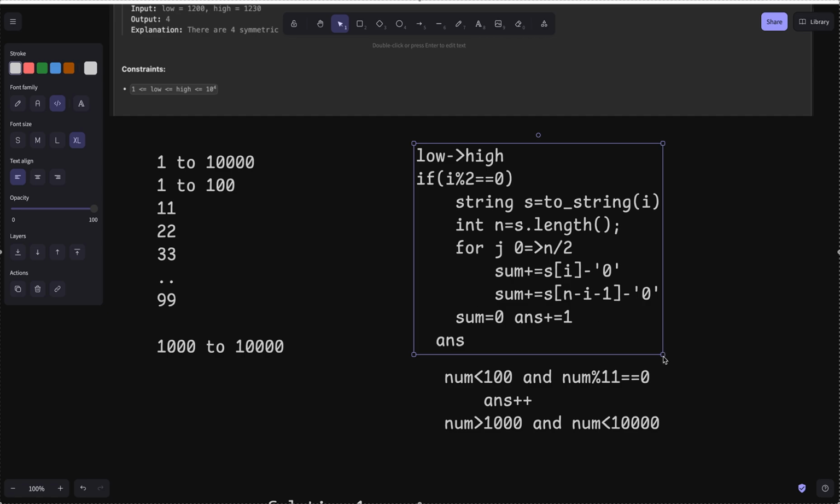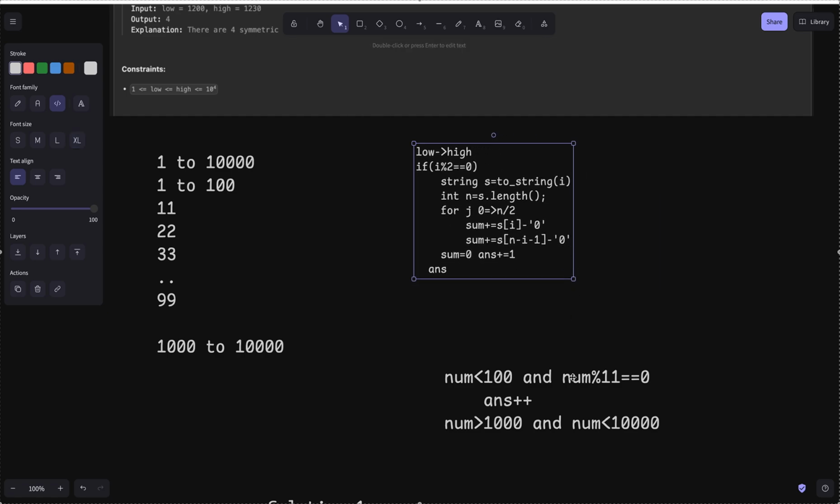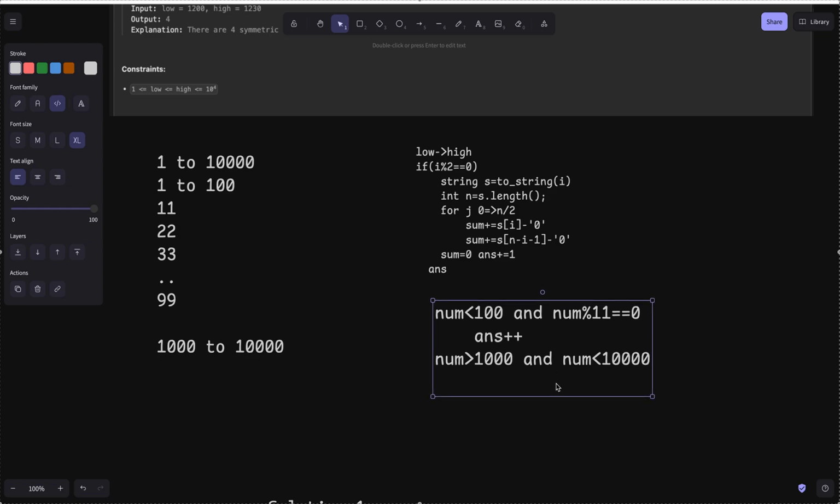In case this number can be something like, suppose, 1203, the left part would be 12 and the right part would be 03.